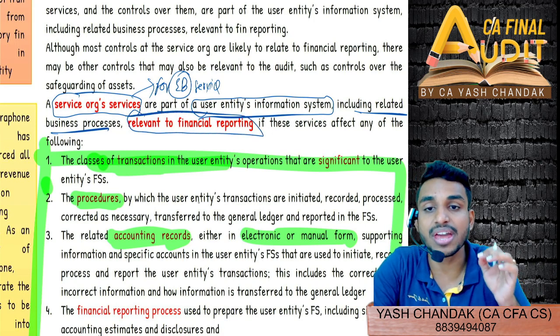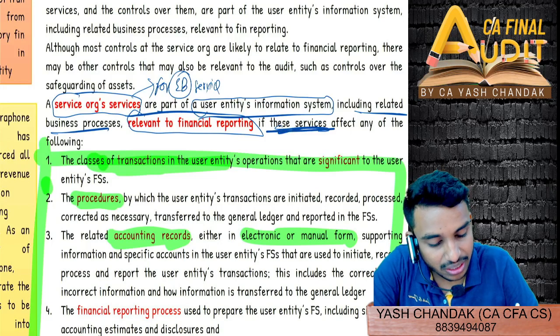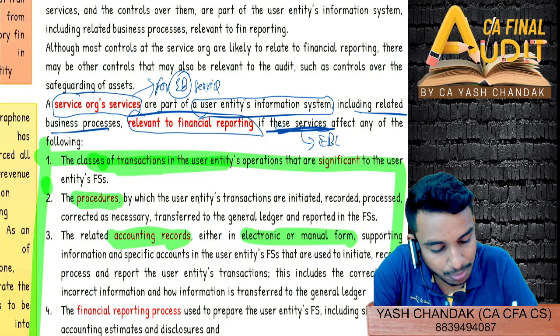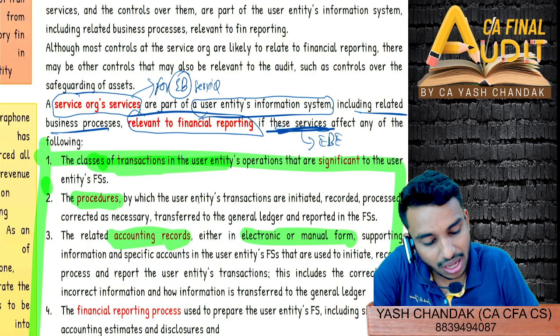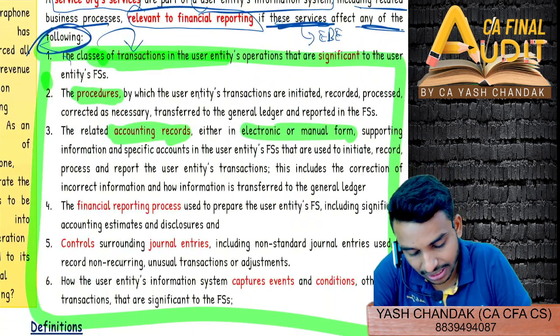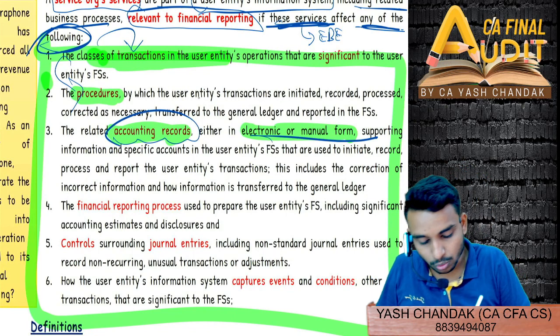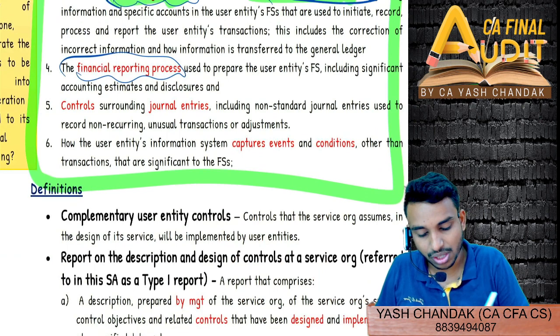We will consider this relevant to financial reporting, as part of our information system, if this service, that is the employee benefit expense service which they are providing to us, affects any of the following. Does it affect a class of transaction? Does it affect any procedures or any accounting records, in electronic or manual form? Does it affect any financial reporting process or any controls?